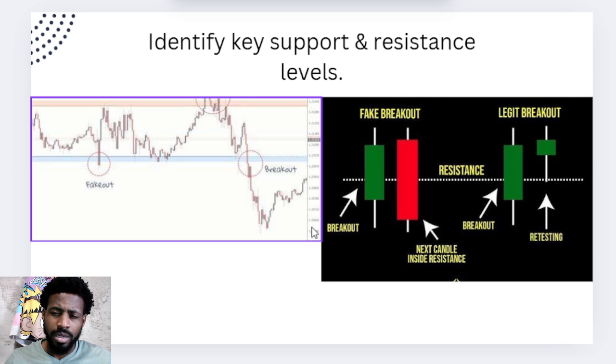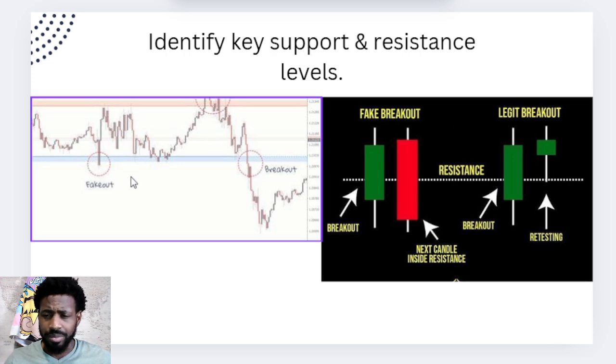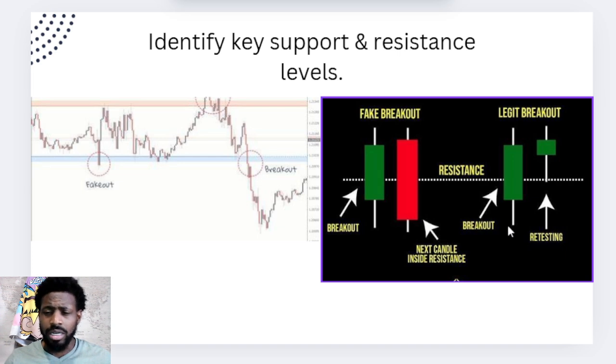Okay. As you can see, on the left side we have a breakout. This is the resistance line. We have a breakout, and then a pullback within that broken resistance, which caused this fake breakout, as you can see right here. Then on the right side, you see there's a breakout past the resistance.